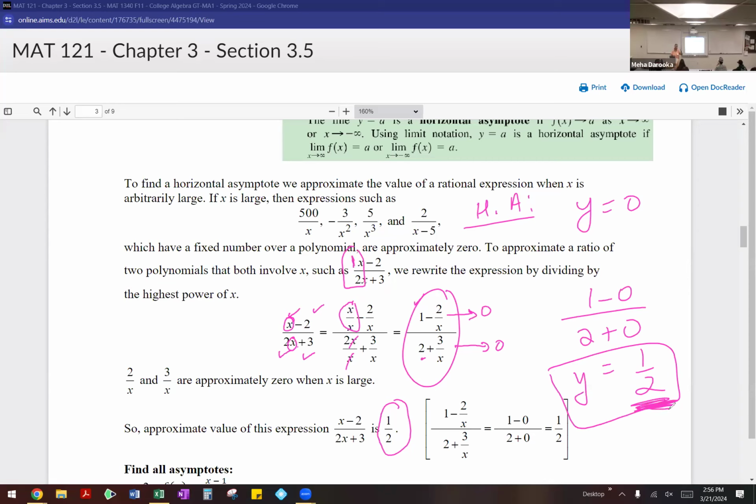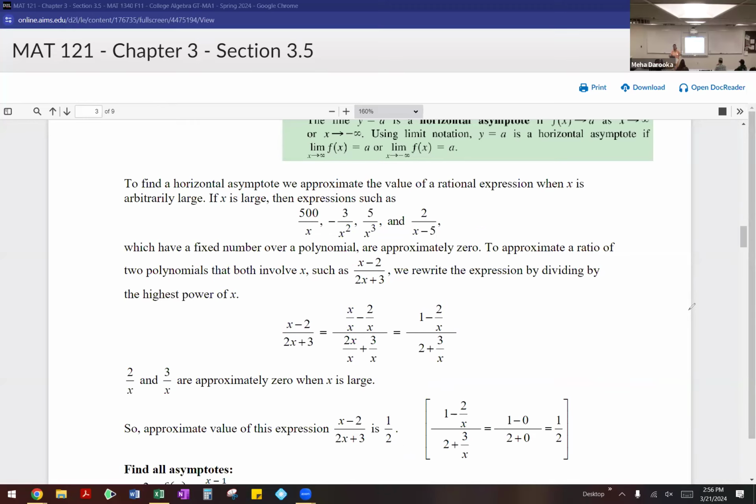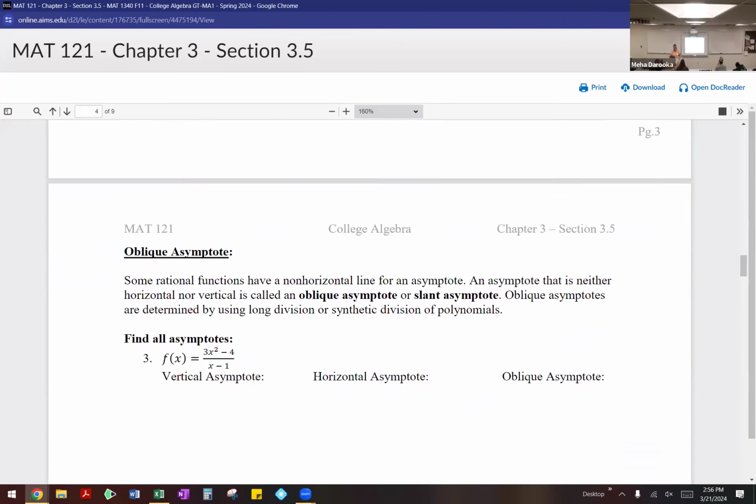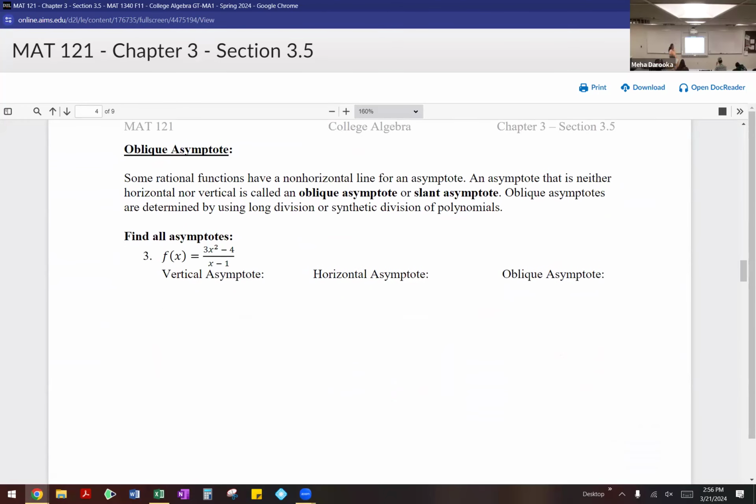So it's actually the leading coefficient of your x term that ends up becoming your horizontal asymptote, or the value of your expression as x gets large. So that's for the same degree. Now, what if you had a larger degree on the numerator and a smaller degree on the denominator? That's actually when we run into oblique asymptotes.